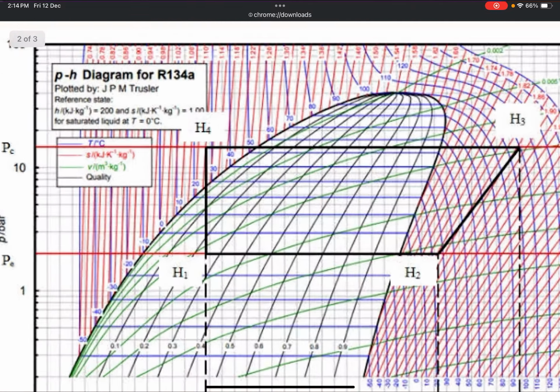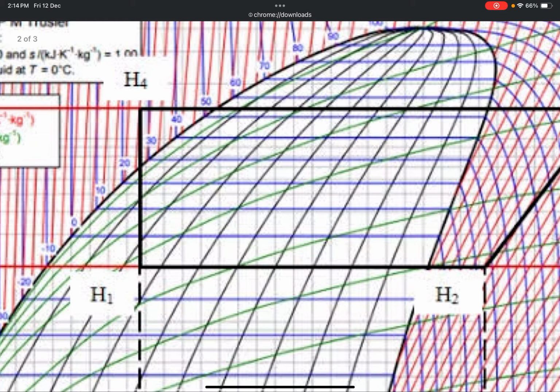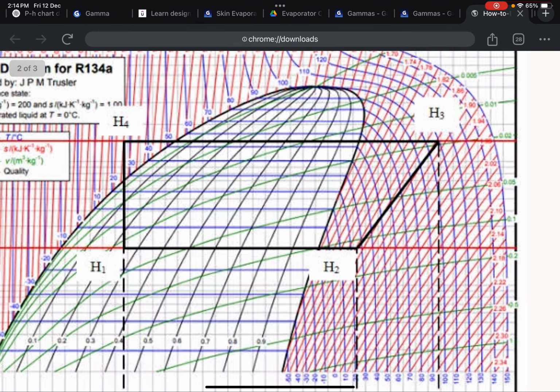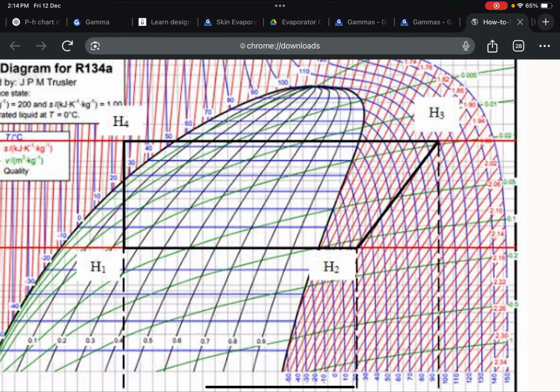So as you see here, at point 2 in this diagram, the temperature line would correspond to some value which is higher than the evaporator temperature. So this is called suction superheating.